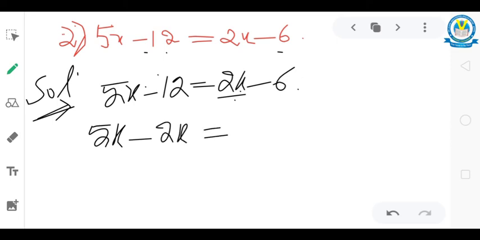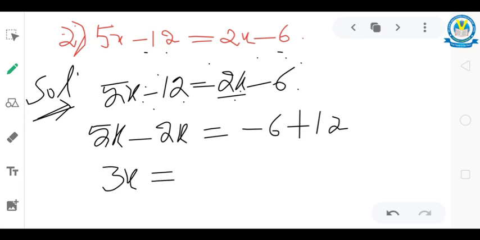And the numerical value is a negative integer, minus 12; after moving this side it turns into a positive value, plus 12. So 5x minus 2x. Here signs are different, so subtraction: 5 minus 2, 3x equals minus 6 plus 12. So 12 minus 6, 6.